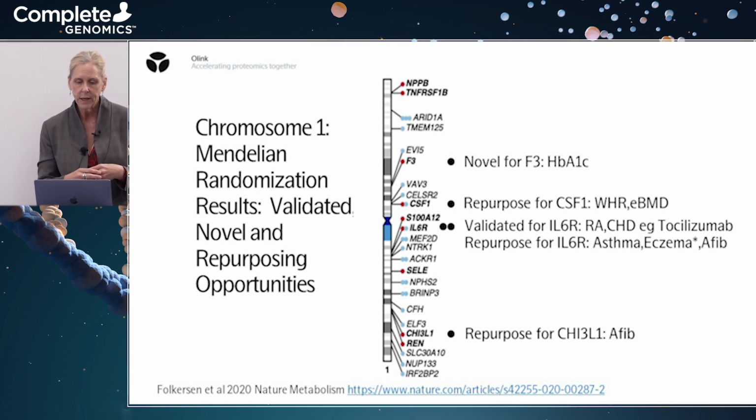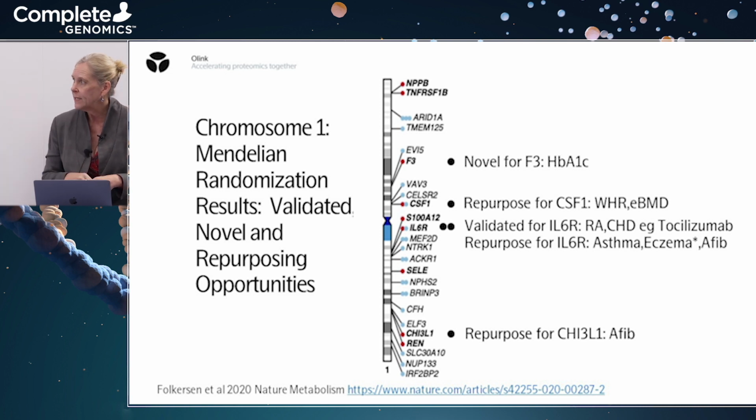I'll just focus on the one in the middle, that's that IL-6R. So the way this works, you see how it says asthma, eczema with a little asterisk, and then AFib. So the idea here may not be a good idea, but certainly it can be explored by pharma and they'll prioritize it. But the idea here would be that tocilizumab, which targets this IL-6R pathway, might be repurposed here in asthma or atrial fibrillation.